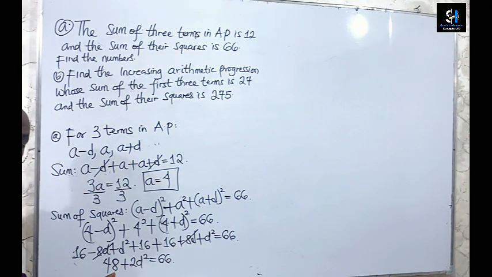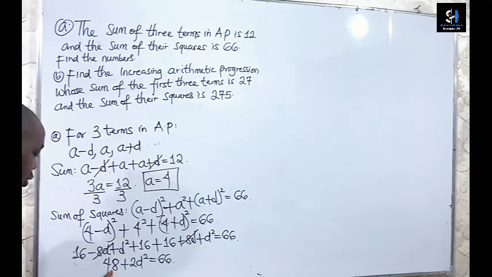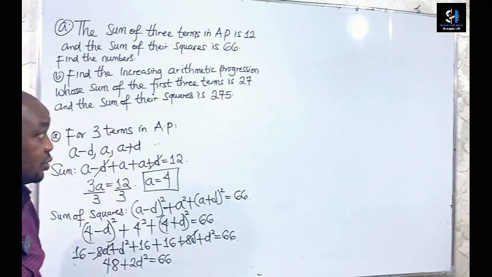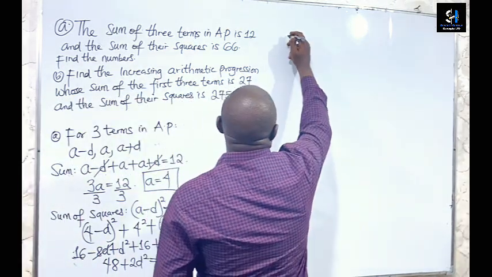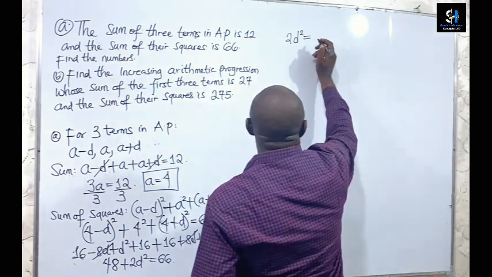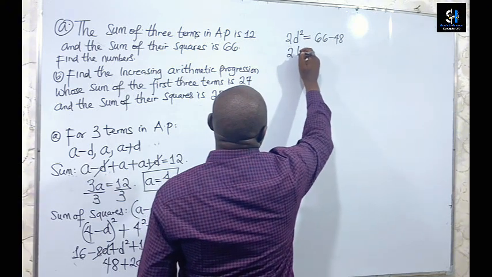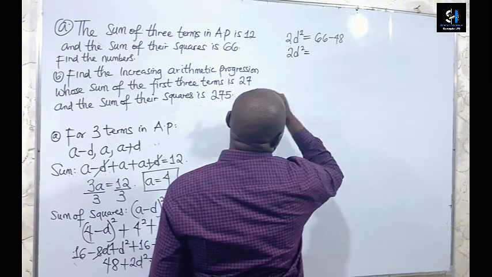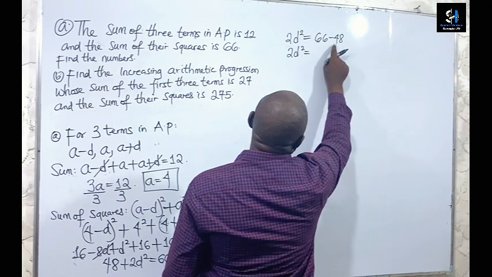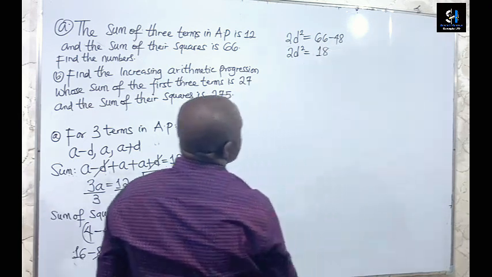What to do from here is to move 48 to the right side of the equation, to isolate 2D squared. So we have 2D squared on the left-hand side equal to 66 minus 48, which is 18.